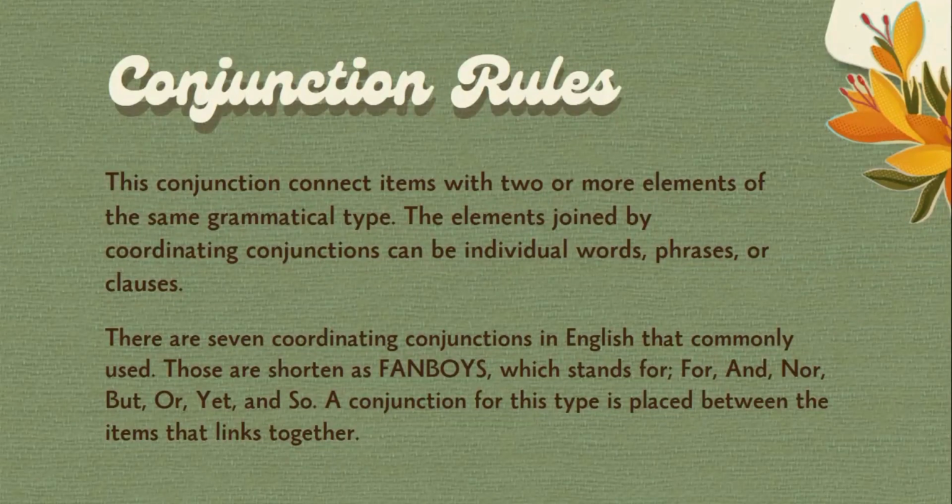There are 7 coordinating conjunctions in English that are commonly used. Those are shortened as FANBOYS, which stands for: for, and, nor, but, or, yet, and so. A conjunction of this type is placed between the items that it links together.